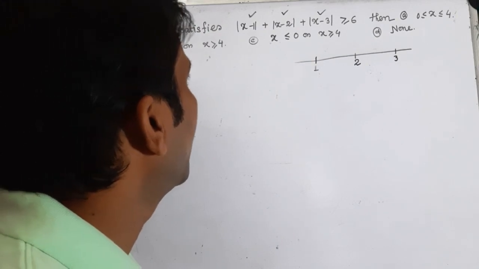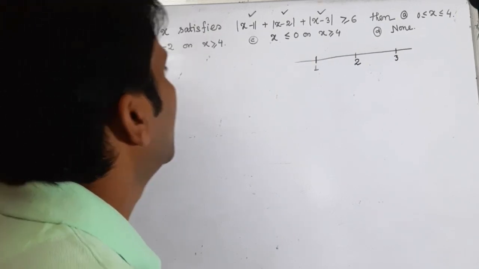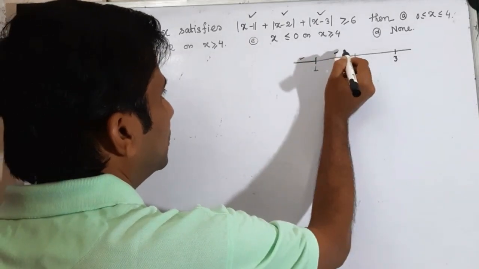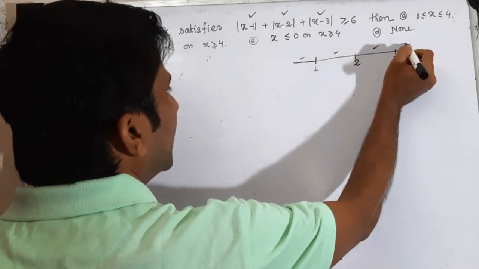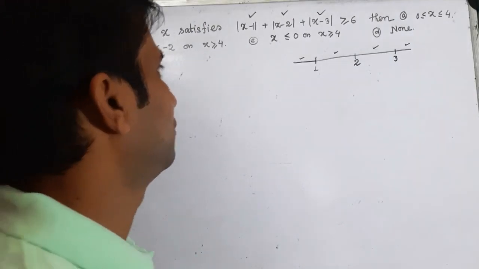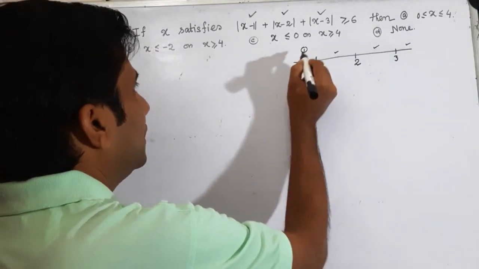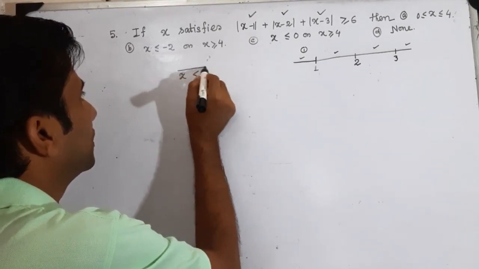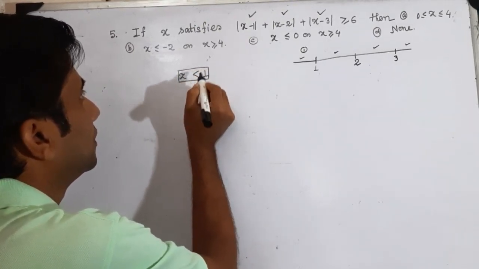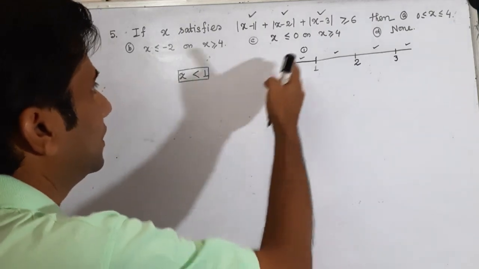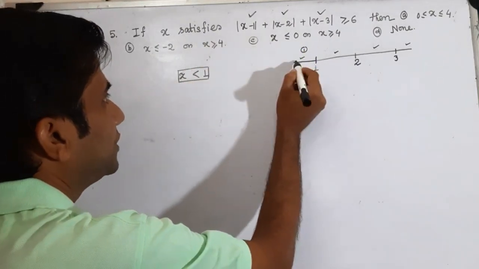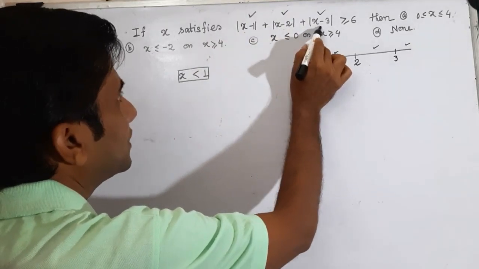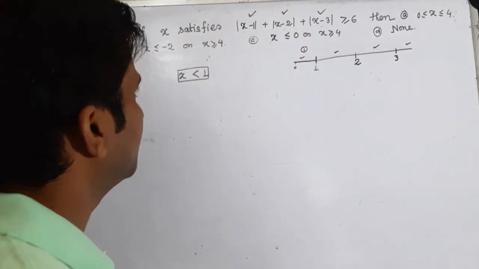Then you have to check x less than 1, x from 1 to 2, x from 2 to 3, and x greater than 3. There are 4 cases. Case 1, if x is less than 1, you take a value 0, then it is negative, negative, negative, and all of this is negative.